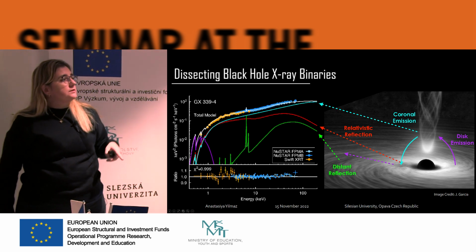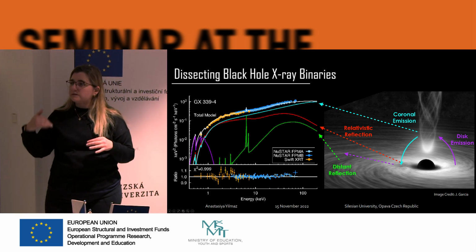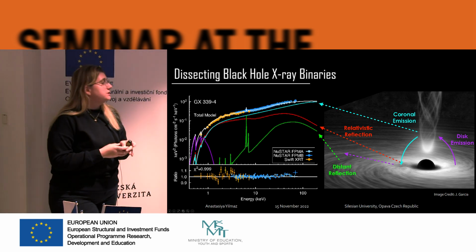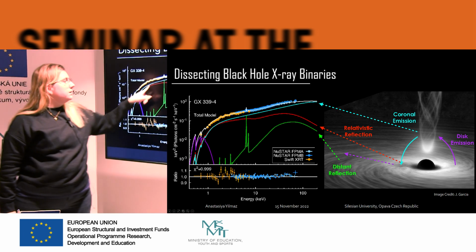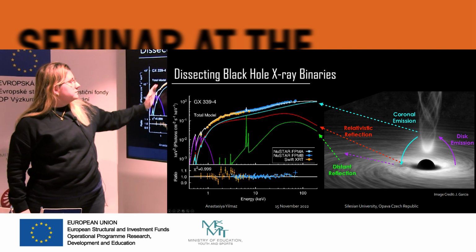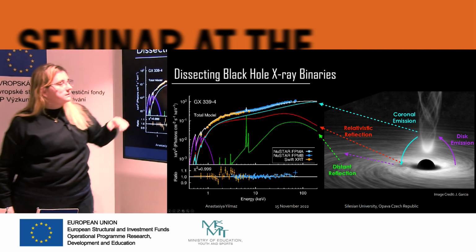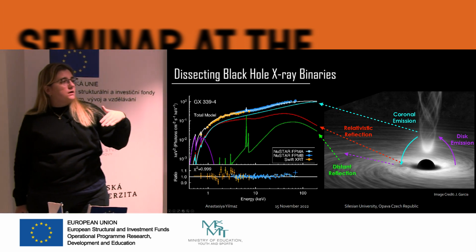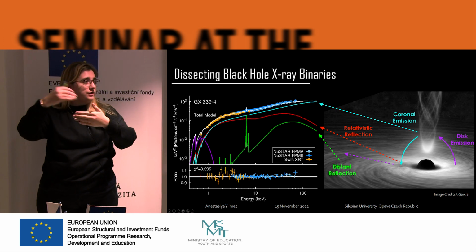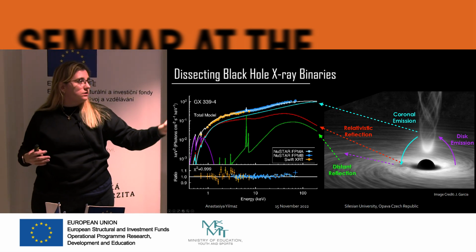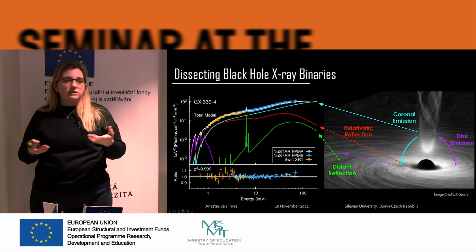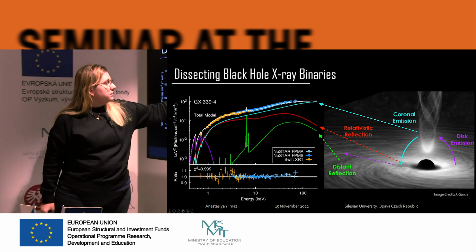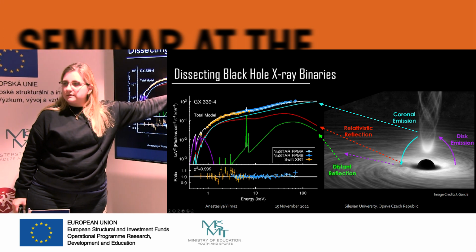The coronal emission is happening through disk photons being Compton inverse scattered to higher energies, which you can follow over here, and as you can see, it is the dominating part in the high energies. You also have relativistic reflection, which happens due to the coronal emission reflecting off of the accretion disk, usually called the illumination of the accretion disk, which can be characterized by the Compton hump you can see here.